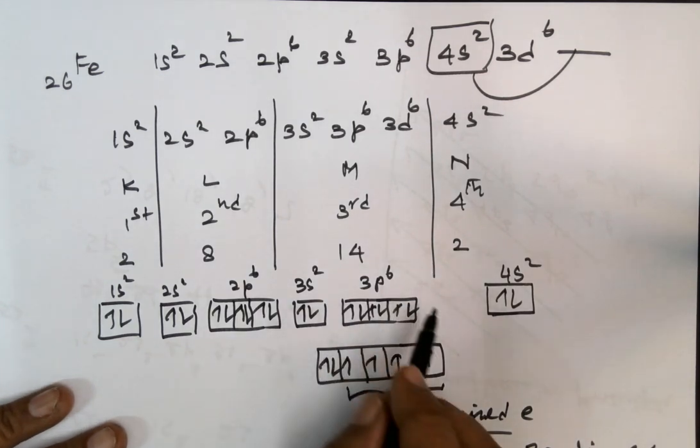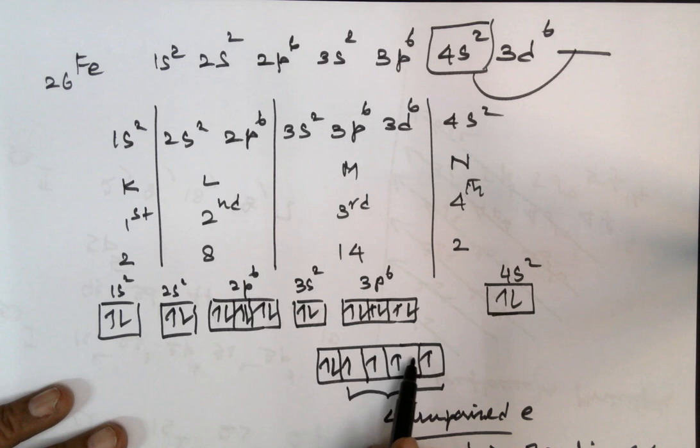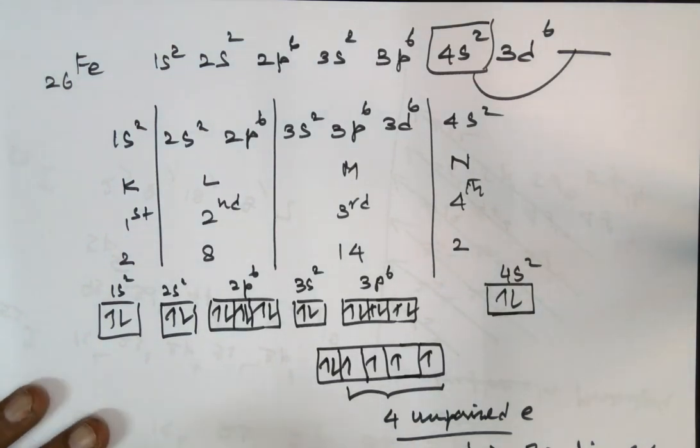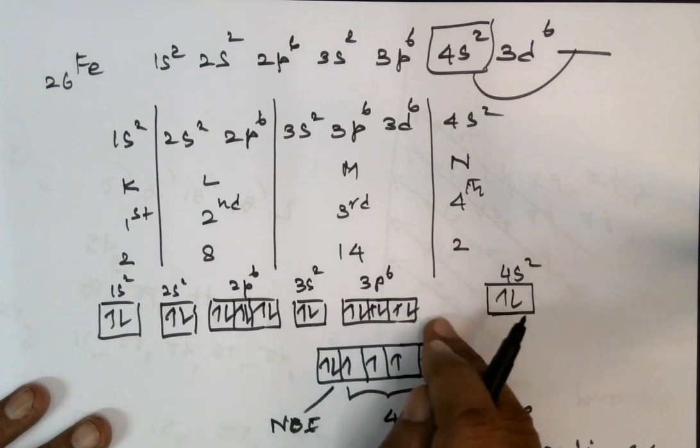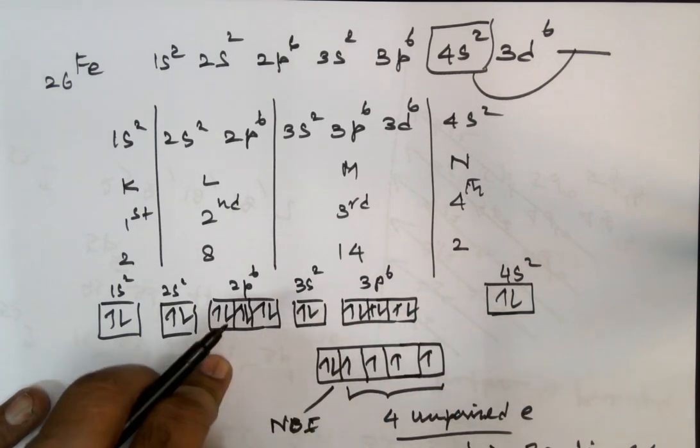Whereas in the same shell, that is, according to the d orbital, you have one pair of electrons here. It is the lone pair of electrons. It is kept alone, a non-bonding electron. So this is the non-bonding electron, and this is also non-bonding, non-bonding, non-bonding, and this is the innermost orbital non-bonding electron.